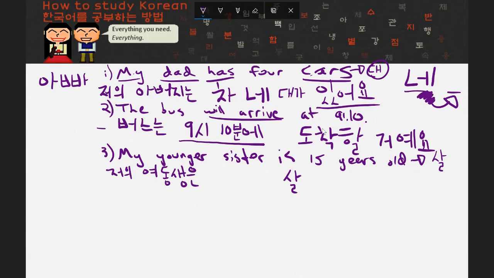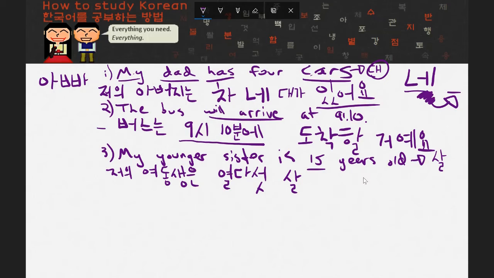Specifically, the number before the counter, in this case, was 4, or ne, but in this case, the number before the counter is going to be 15. So I want to write the word 15 using these Korean style of numbers. So 열 means 10, and 다섯 means 5, and really what that is just 10 and 5, which is 15.